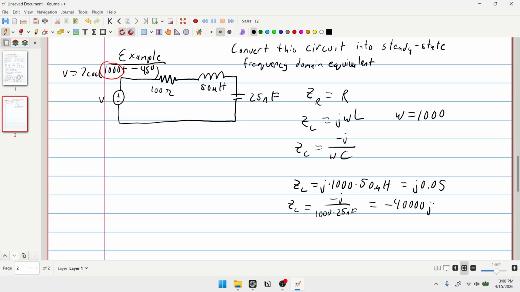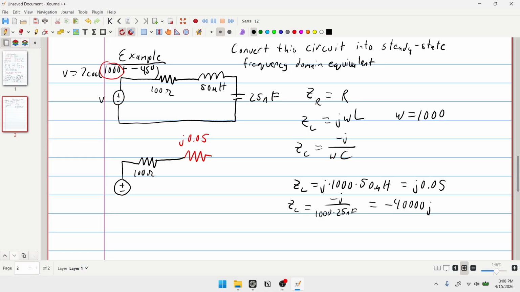Okay, so let's just redraw our circuit. The voltage source. So first we have the resistor, and that stays the same. But for this inductor, I'm going to draw red here, we have a complex impedance which was calculated to be j0.05.